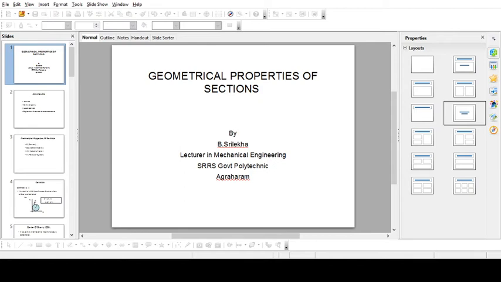So for composite areas, what we do is, first, we divide the area into definite standard sections. Then we find the centroid for every part.